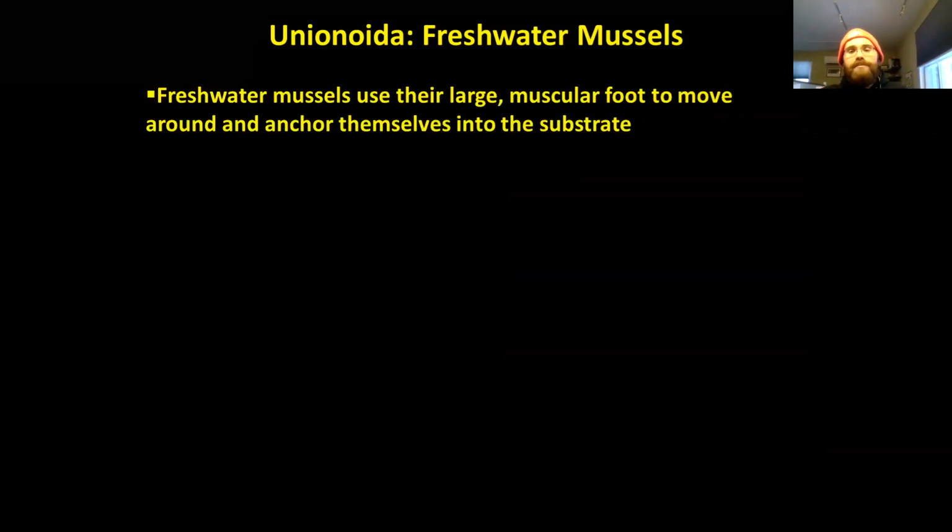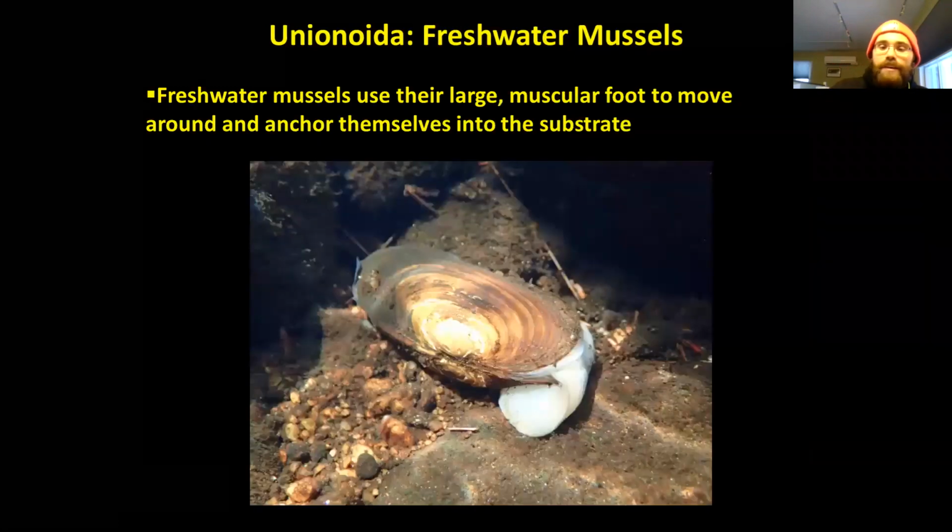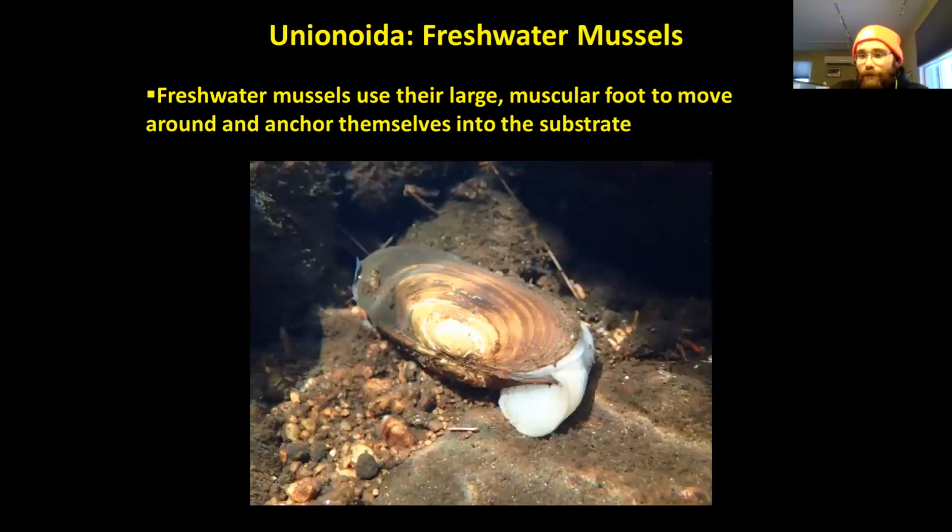Freshwater mussels, in order to move around, use their large muscular foot to propel themselves very, very, very slowly. They will also use it to anchor themselves into the bottom of the substrate. They'll dig their muscular foot down into the substrate and use that as an anchor.